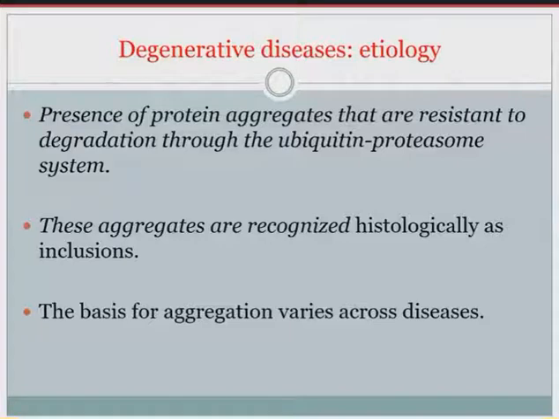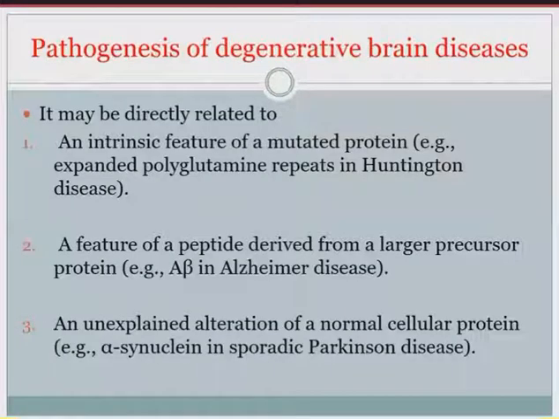In pathogenesis, degenerative brain disease may be directly related to an intrinsic feature of a mutated protein. For example, in Huntington disease, the mutated protein has polyglutamine repeats.